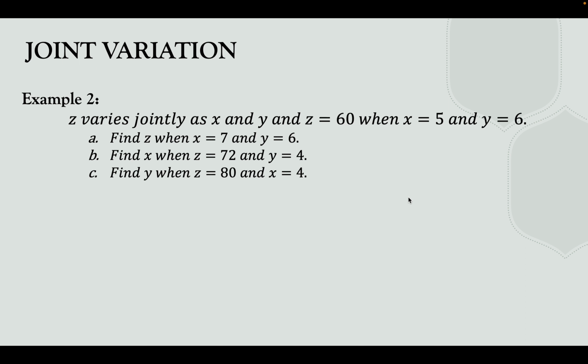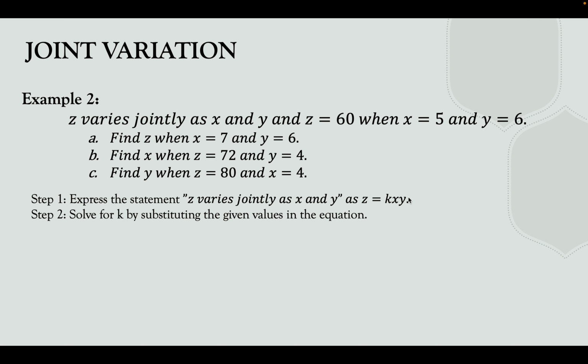Now we need to find the missing values in A, B, and C. But first we must find the constant of variation before answering A, B, and C. So express the statement Z varies jointly as X and Y as Z equals K times X times Y. Substitute the given: Z equals 60 when X equals 5 and Y equals 6.